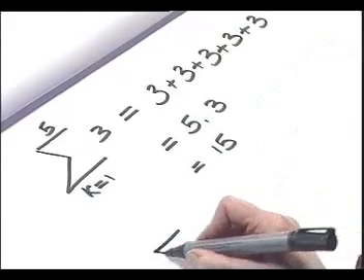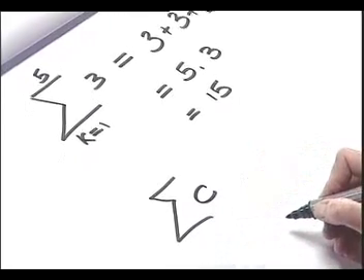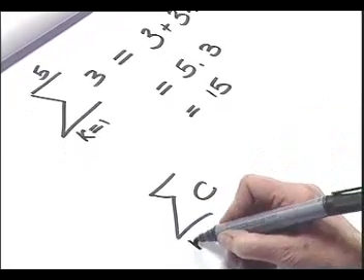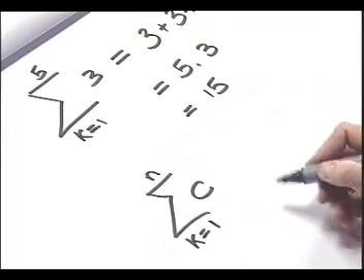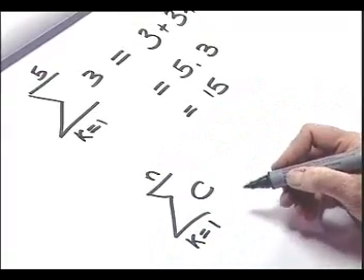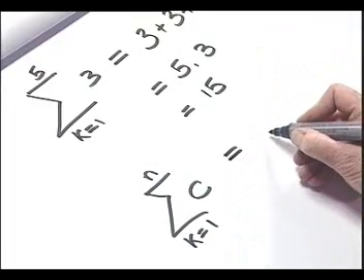So we can get a general result from that. If instead of 3 we have a constant c, and we take our k from 1 to n, what does this work out to be? Well, we do it in the same way.